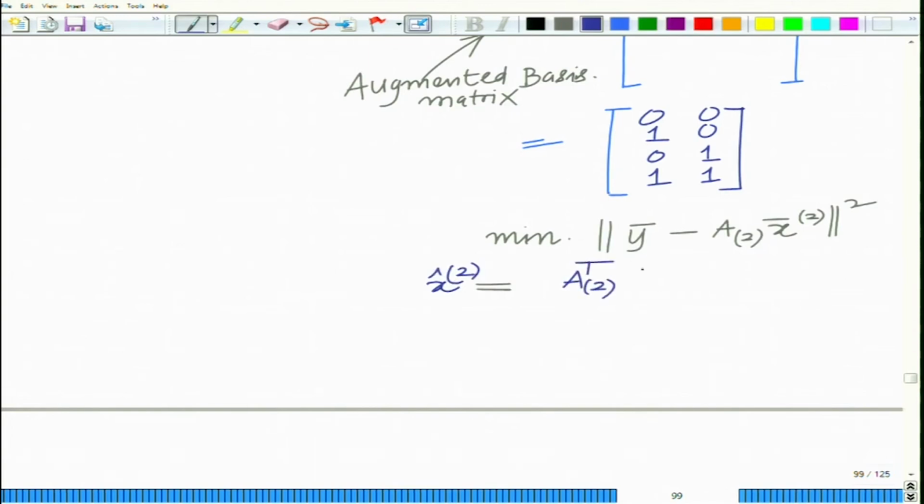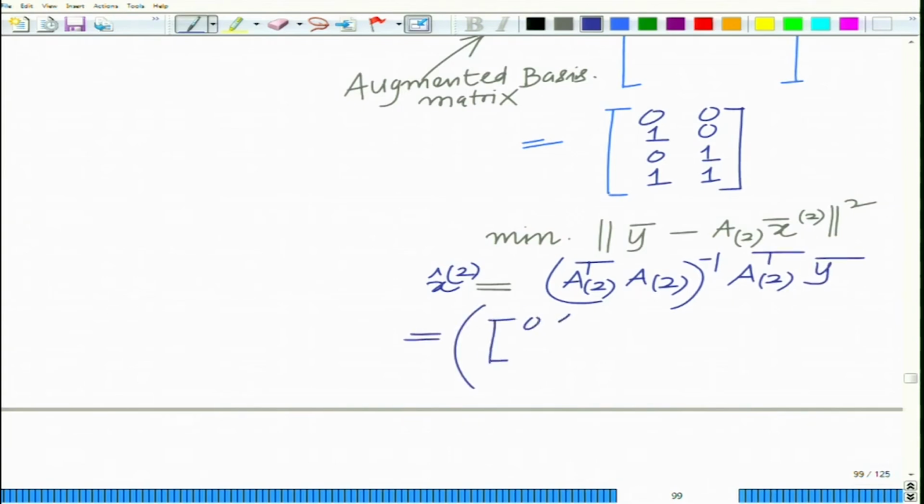equals A2 transpose A2 inverse A2 transpose y bar, which is basically, if you look at A2 transpose, that is 0 1 0 1, 0 0 1 1, times 0 1 0 1 0 0 1 1.